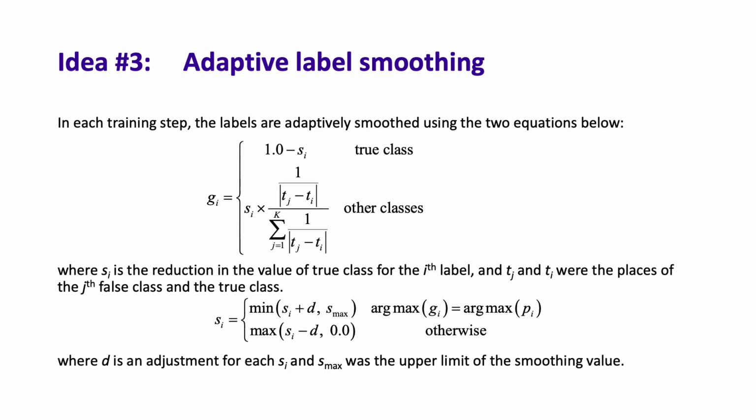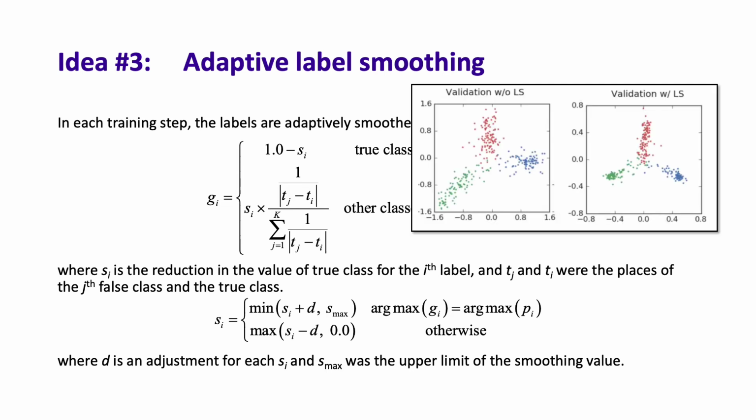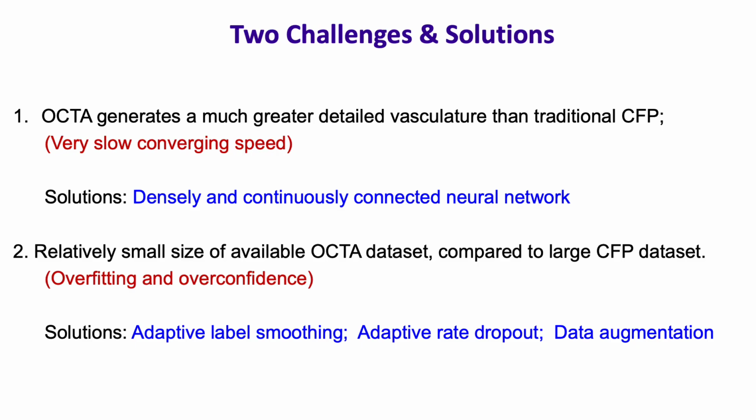So we adopted the label smoothing concept. This modification can provide a tighter clustering and a greater separation between categories. In our network, we integrate all these solutions to improve converging speed and reduce overfitting and overconfidence.